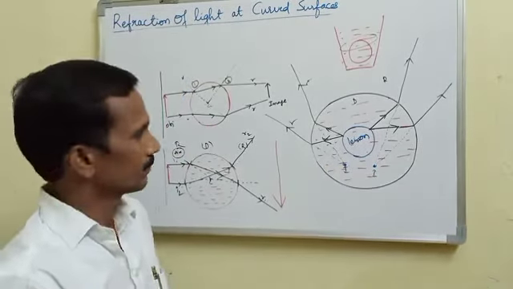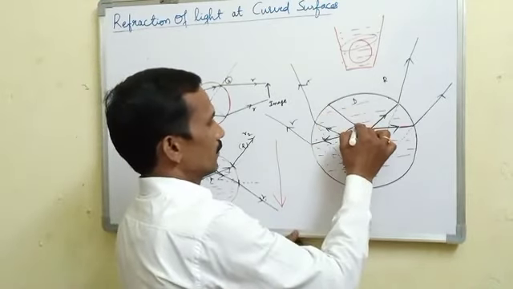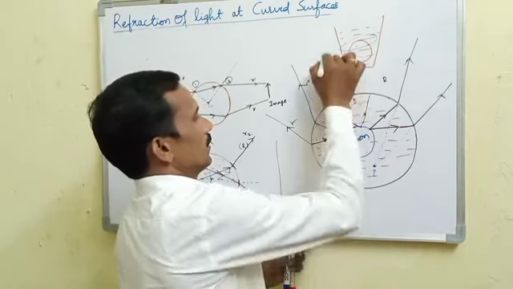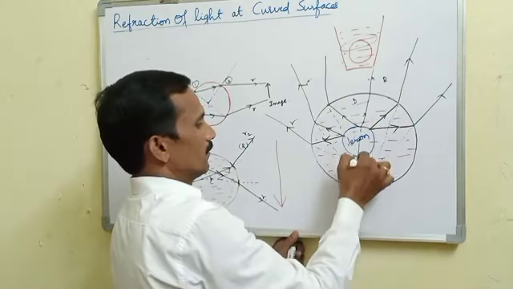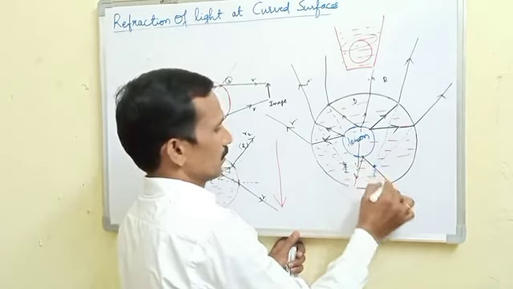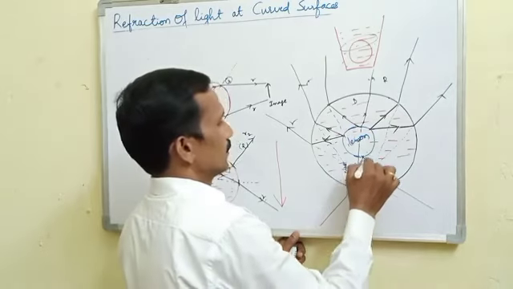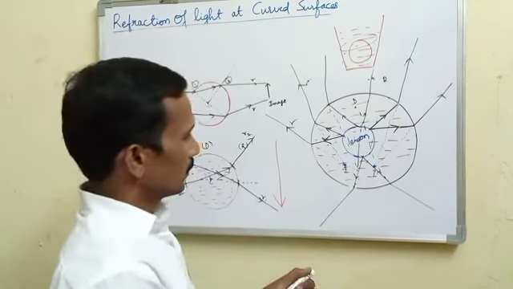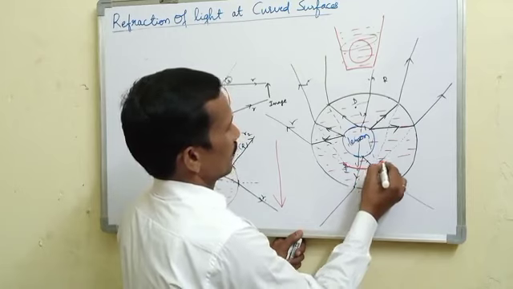Like that, in all directions, the lemon is spherical in shape. So all directions of light rays will be diverged like this. If extended, they will meet at some point. Like that, these points again make a spherical shape.